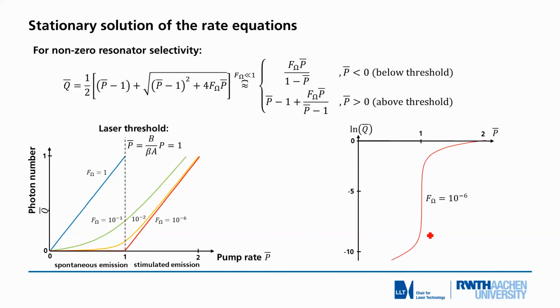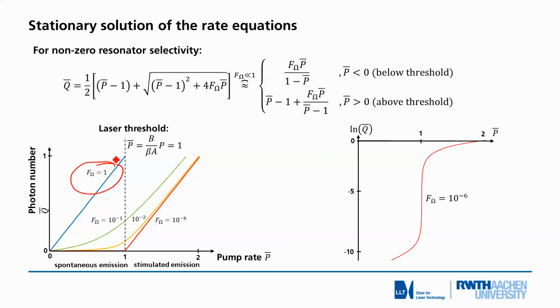If we take a closer look at what happens in dependence of the f omega, if we set the f omega, so remember this is the spontaneous emission, equal to 1, so we recognize all photons emitted in the full solid angle, this is more or less a black body situation, then we have a very strong dependence also for pump rates under the threshold of the laser.